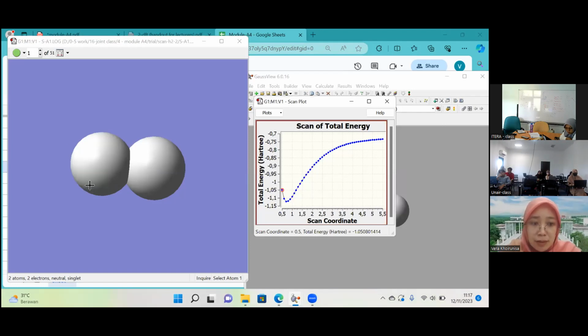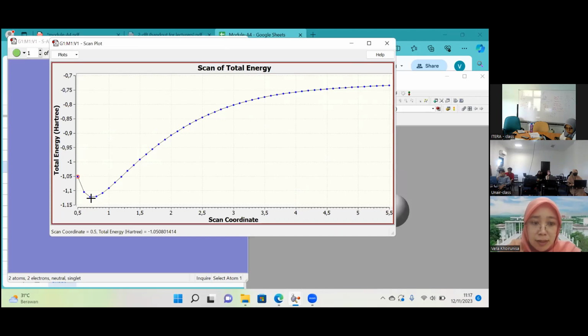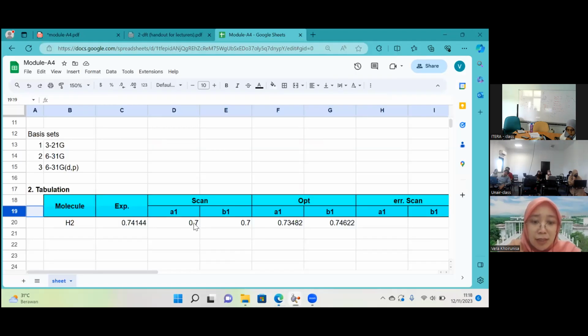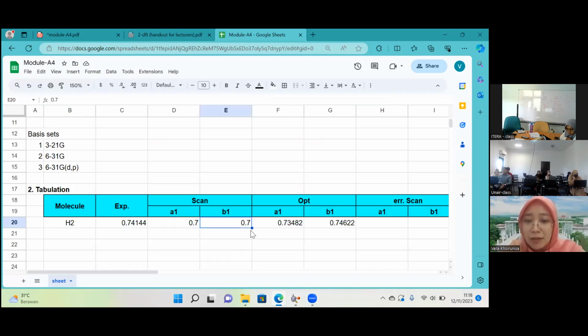So from here, I found out that the lowest point is at 0.7. So I write down here that the R0 is 0.7. And then I will try the same thing with the SB1. I found out that the R0 is 0.7.